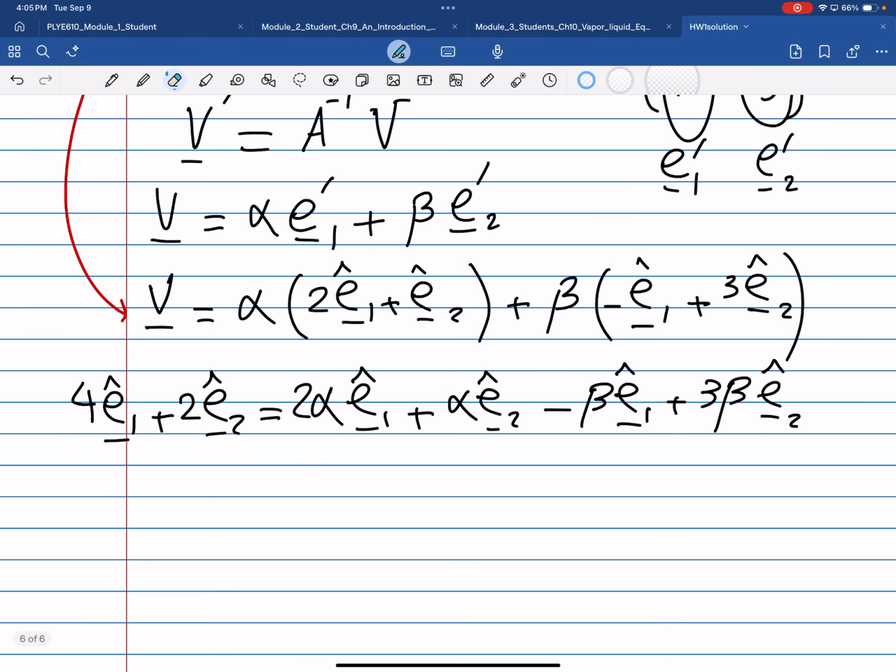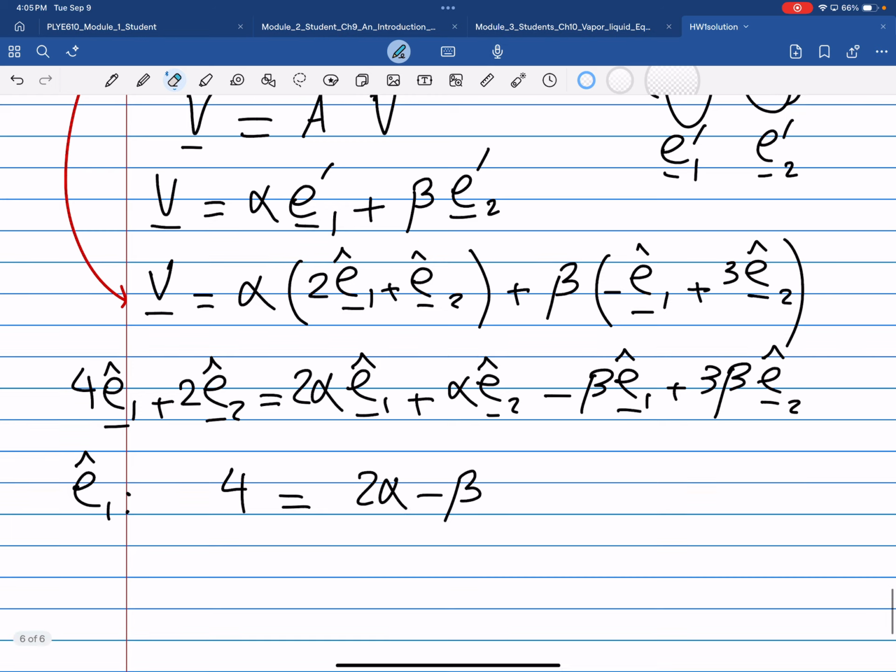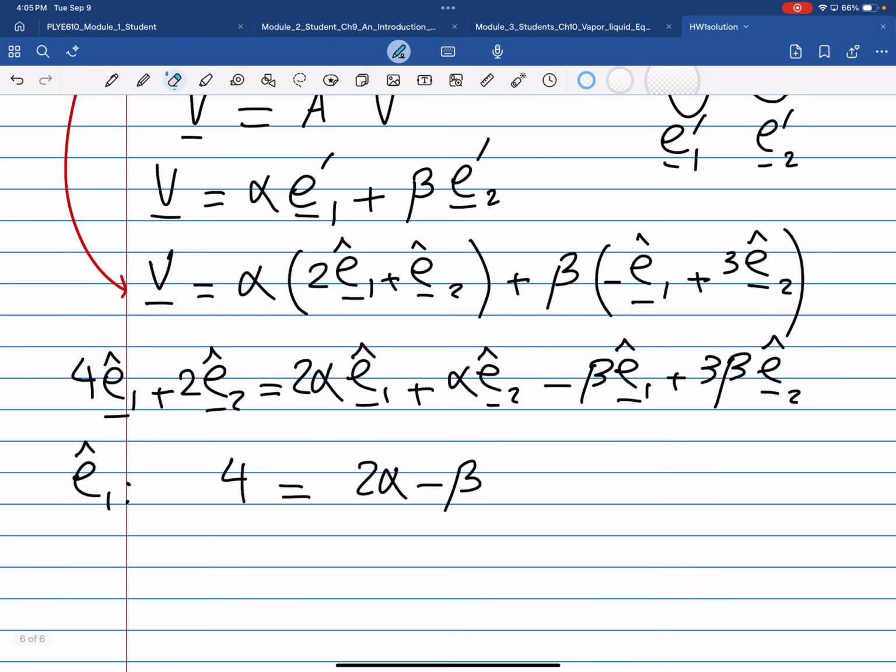Now e1s should match with each other, and e2s should match with each other. So basically we are solving two equations. For e1: 4 equals 2 alpha minus beta. For e2: 2 equals alpha plus 3 beta.